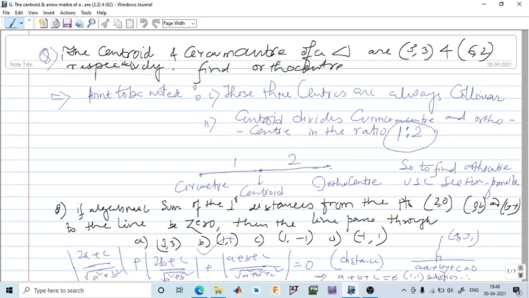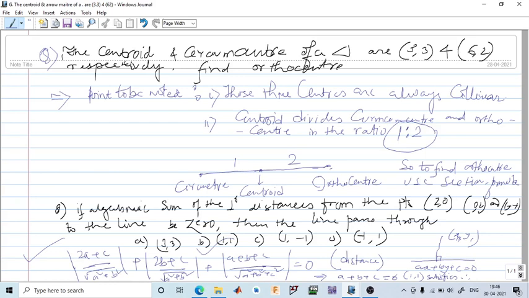Then sum the perpendicular distances, first from (2, 0), second from (0, 2) and third from (1, 1).